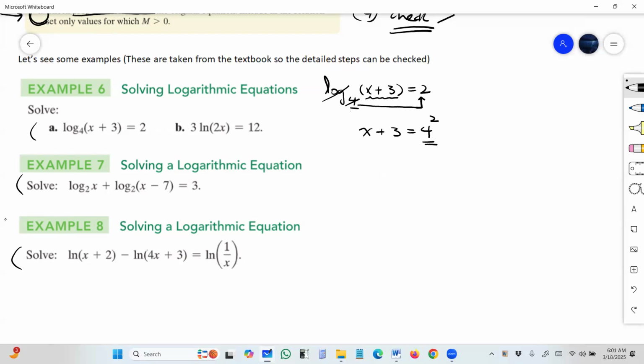This base goes to the other side and becomes the base of this number, which now becomes the exponent. This is all review from Math 119. I evaluate 4 squared, obviously. And now I have a simple linear equation.